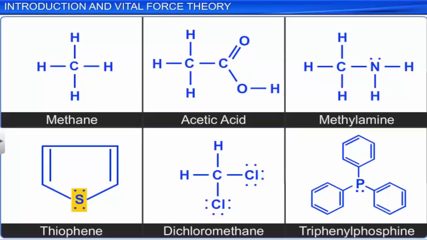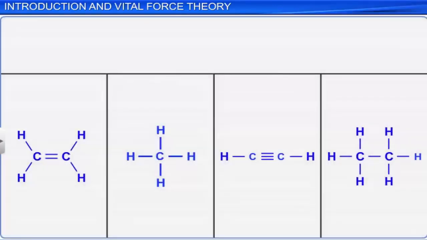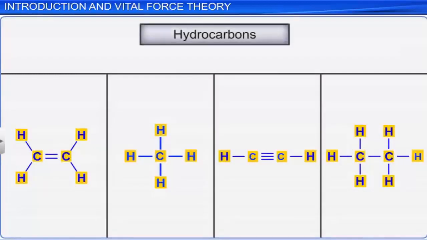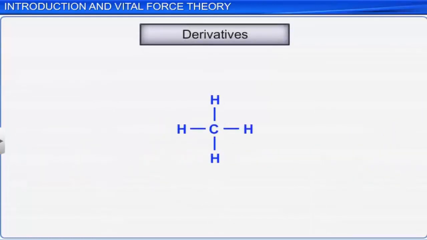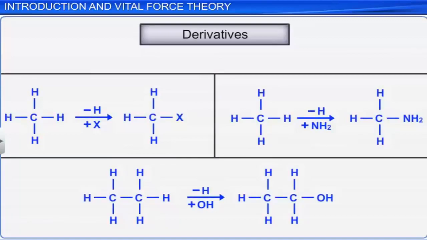Organic compounds made of only hydrogen and carbon atoms are known as hydrocarbons. All other organic compounds are considered to be derived from hydrocarbons by replacing one or more hydrogen atoms with atoms of other elements. Thus, organic chemistry is defined as the chemistry of hydrocarbons and their derivatives.